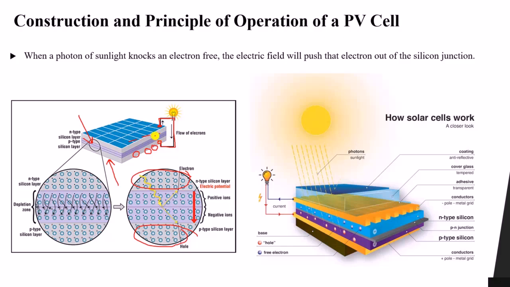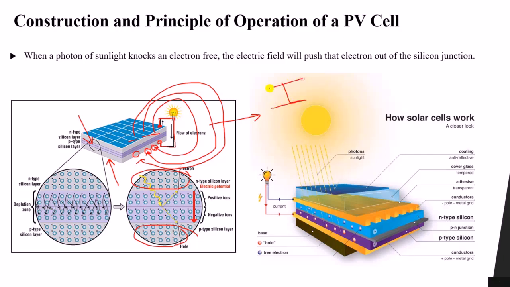These electrons would like to go and fill these holes, so they will go through the wire and fill this hole. A second electron will go and fill this hole, and another electron fills this hole. So what will happen when we have a flow of electrons? A flow of electrons means that we will have electric current.